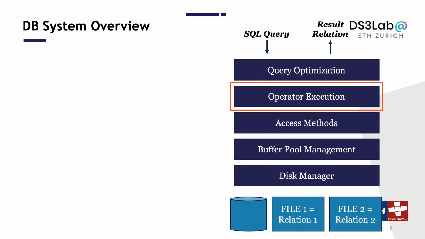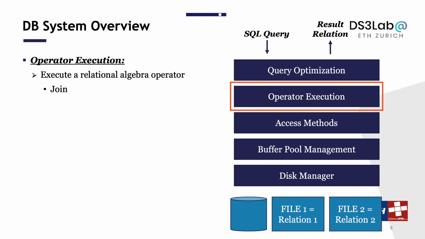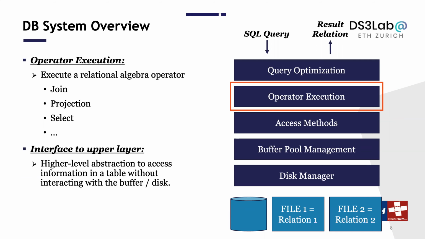Once you have all those methods, we can go even one layer up. Last week, we talked about a whole bunch of implementations of different relational algebra operators. For example, join, projection, selection, and so on and so forth. So that is what happens in this layer. The interface we are giving to the query optimizer is an even higher level of abstraction to access information.